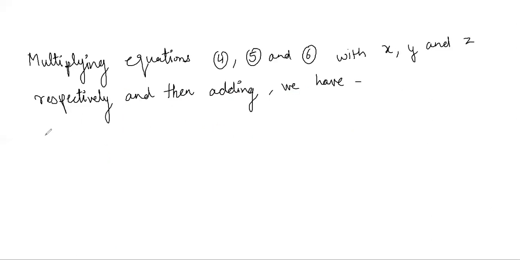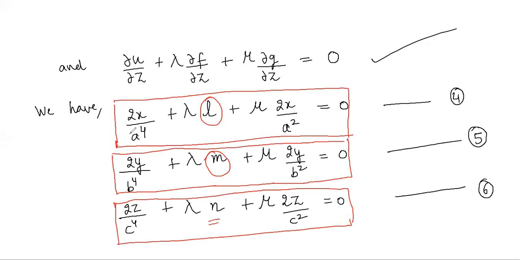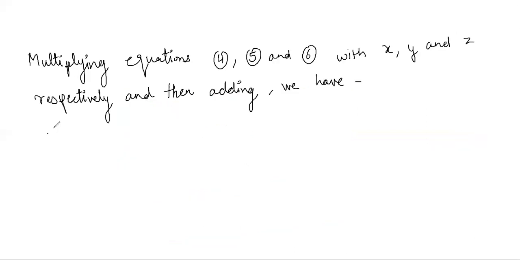It will be 2 is common in first terms in all of these equations. So we can take this 2 common. If we take 2 common, we will be getting x square upon a raised to power 4 plus y square upon b raised to power 4 plus z square upon c raised to power 4.